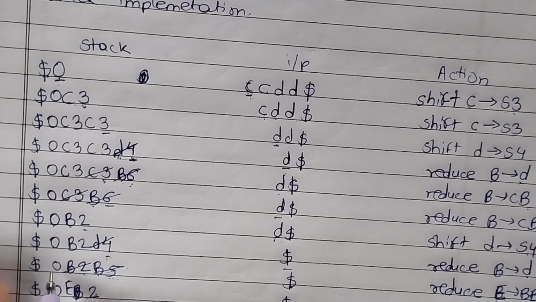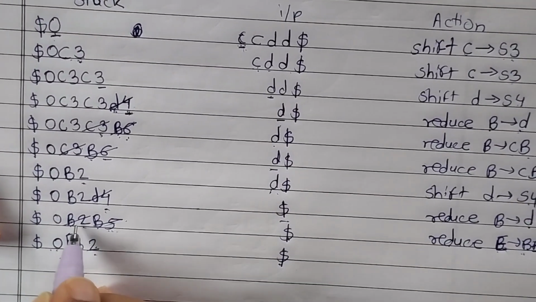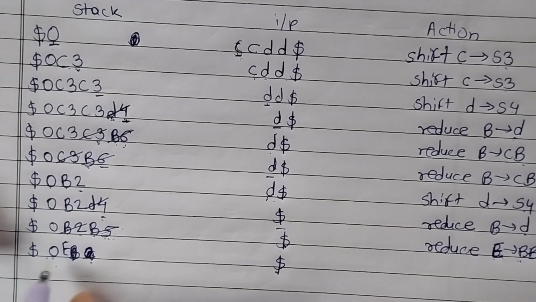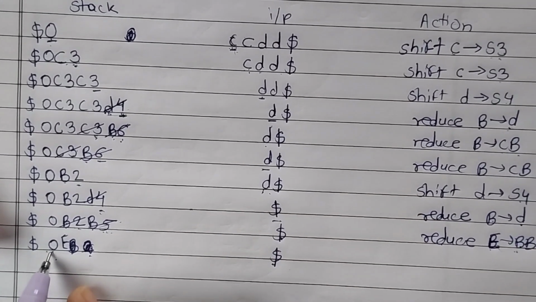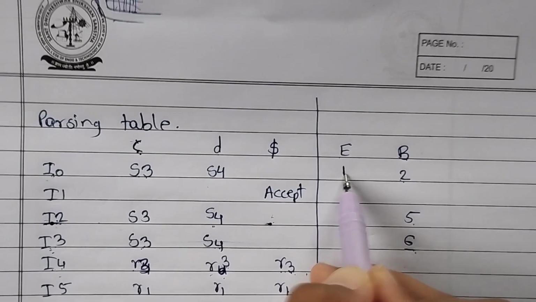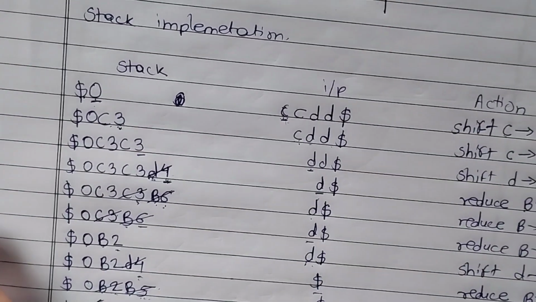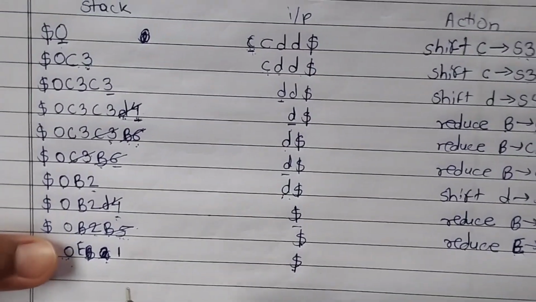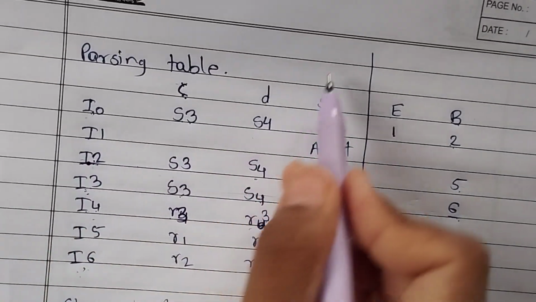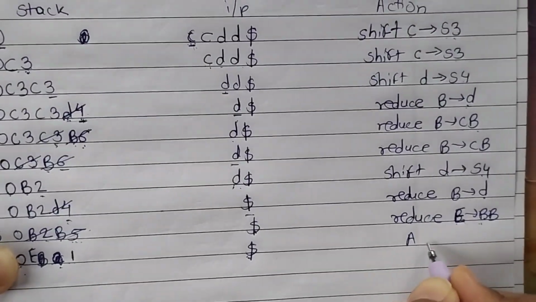Now this $0 and 0 we write as it is. For this whole we write E, and we want a number, so we check I0 and E. I0 and E is 1, so we write number 1 here. Now I1 and $ is accept, so the string is accepted.